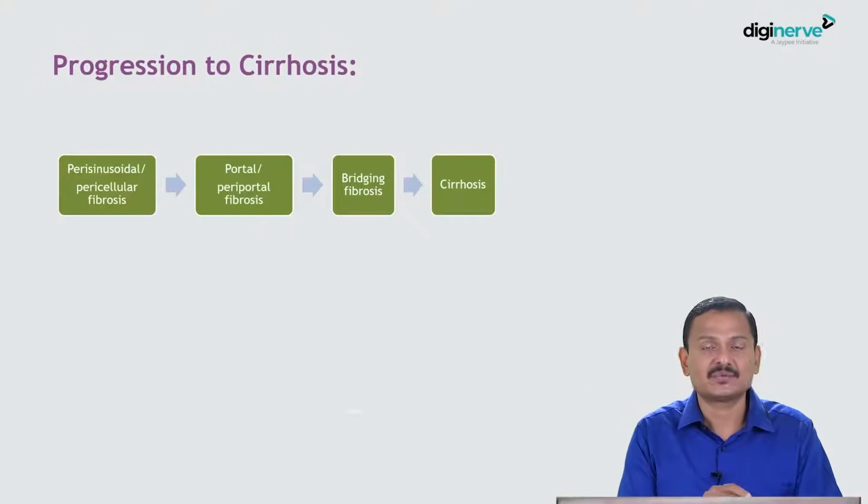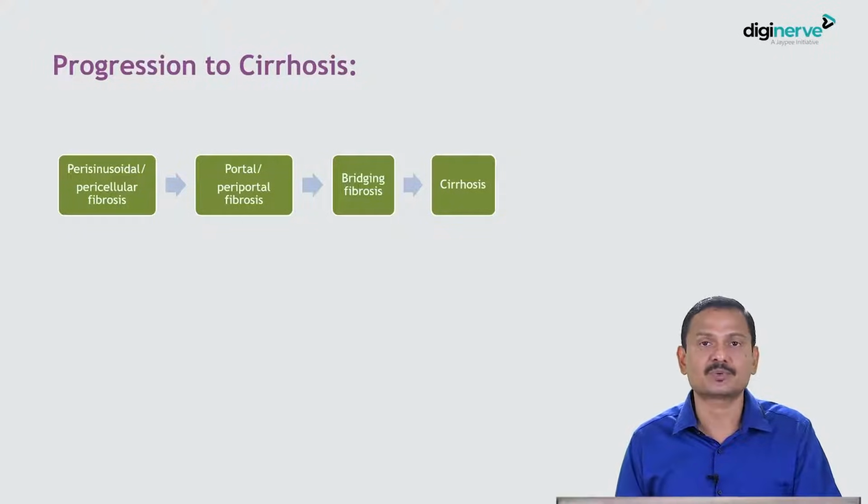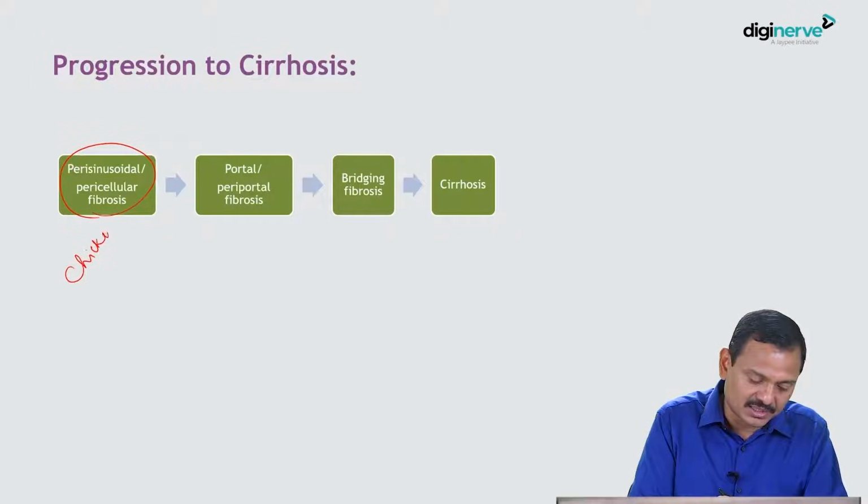This will lead to fibrosis in the liver, and how this fibrosis progresses: it is first perisinusoidal or pericellular fibrosis. This is called chicken wire fibrosis, and this starts in zone 3.